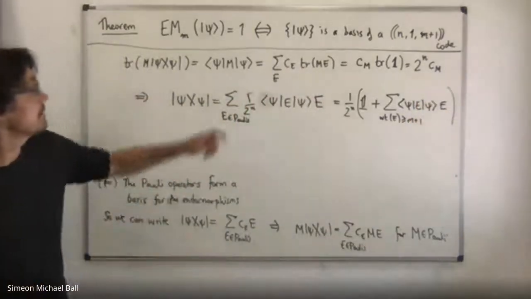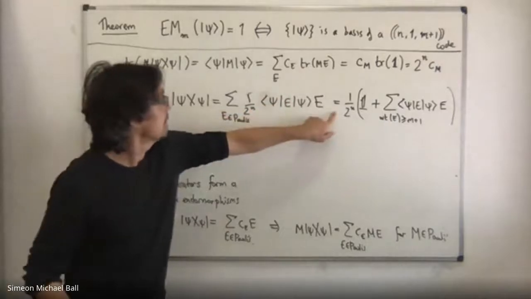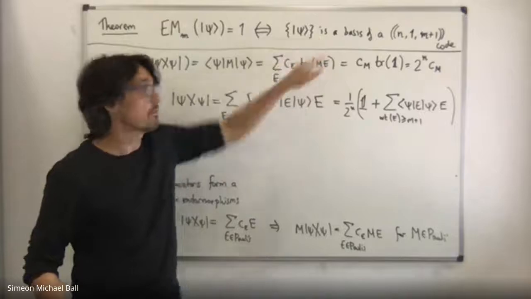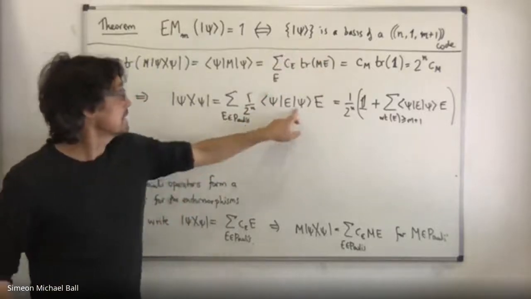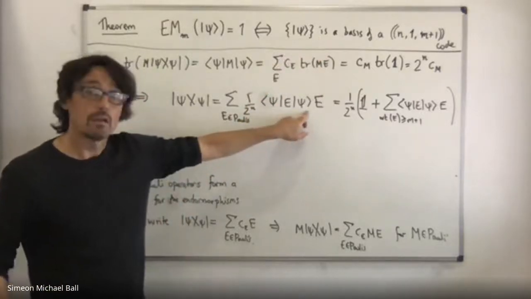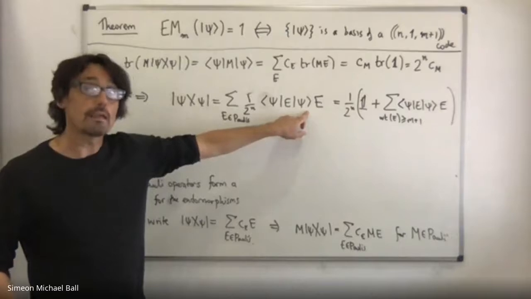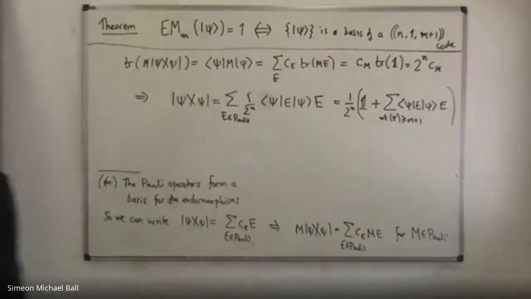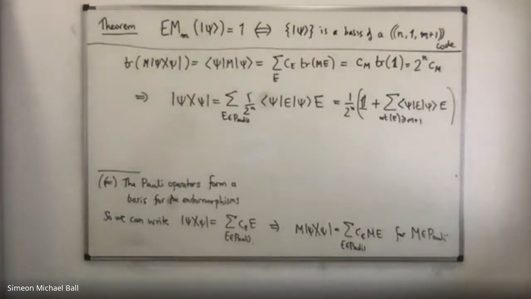We're just using the fact in this equality that this psi is a basis of an error correcting code, so all of these coefficients for the Paulis of small weight will be 0 by the definition of what it means to be an error correcting code of dimension 1.